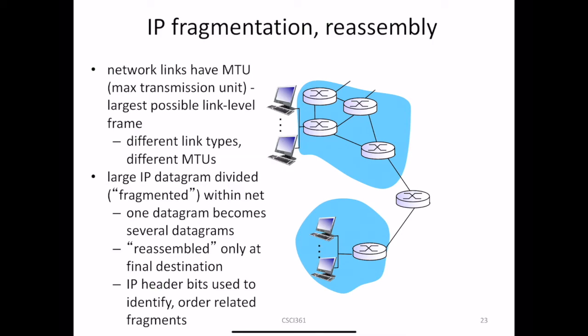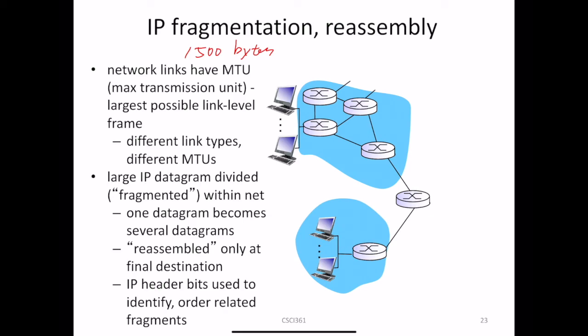But normally for the normal link, the restriction size is 1500 bytes. Therefore, if a larger IP datagram arrives on a router, the router cannot transfer the larger datagram to the next hop due to the smaller MTU restriction.